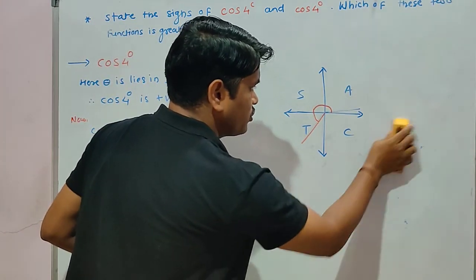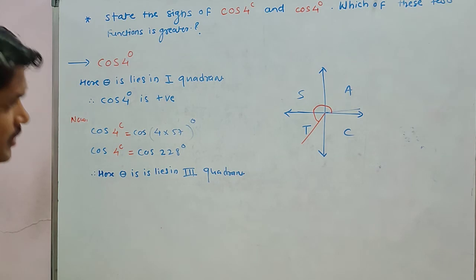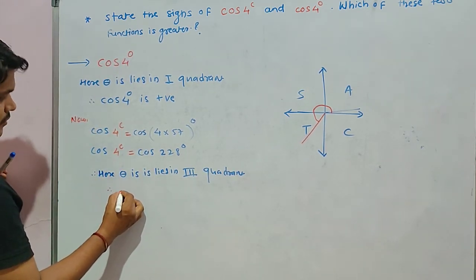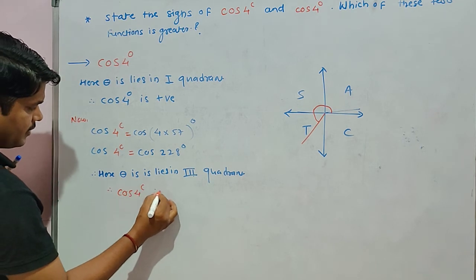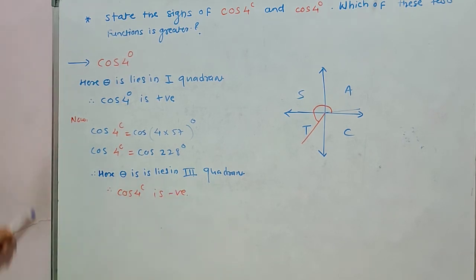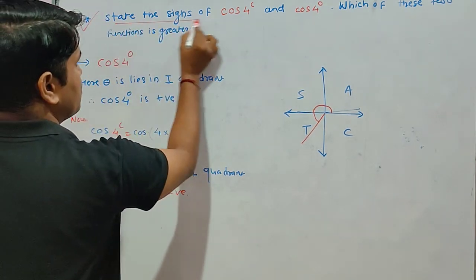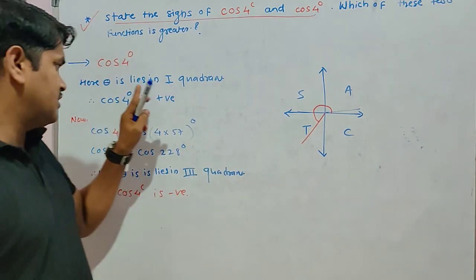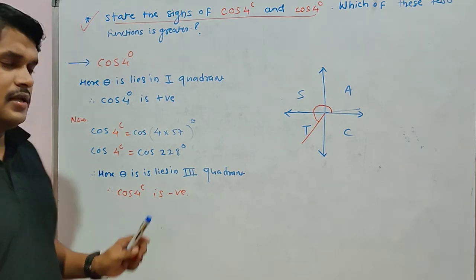In the third quadrant cos is negative; in the third quadrant only tan and cot are positive. Therefore cos 4 radian is negative. So for the first question, cos 4 degree is positive and cos 4 radian is negative.